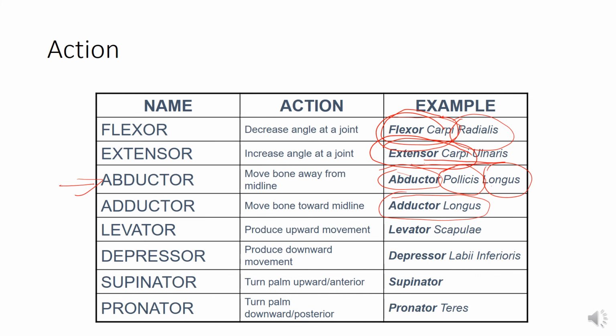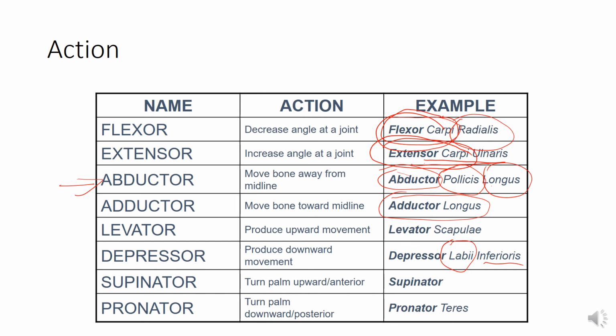Levator, so it elevates the scapula. Depressor labii inferioris. So depressor means it produces downward movement. Labii means labial fold near the mouth, and inferioris means inferiorly. So it depresses the angle of the mouth inferiorly.